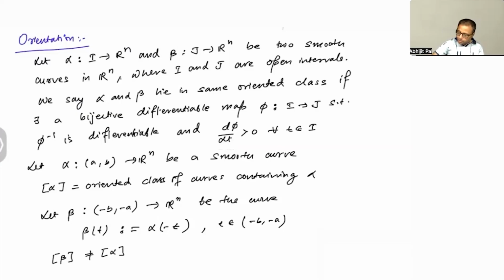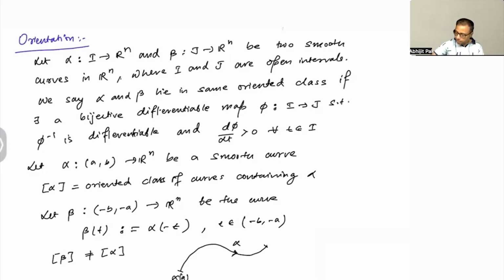So here, this is my alpha, and suppose alpha is parameterized on the interval AB, and you are giving this direction here.